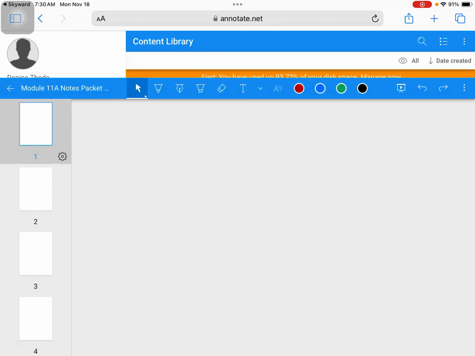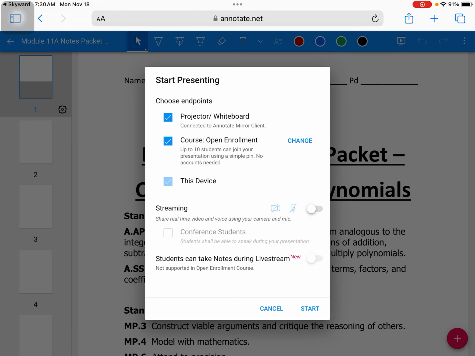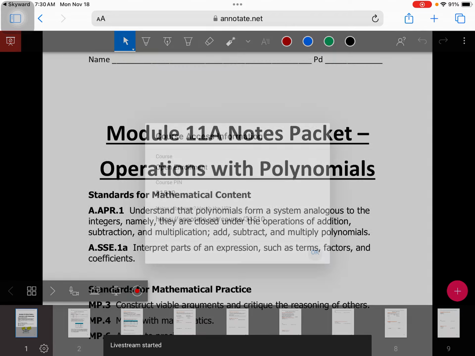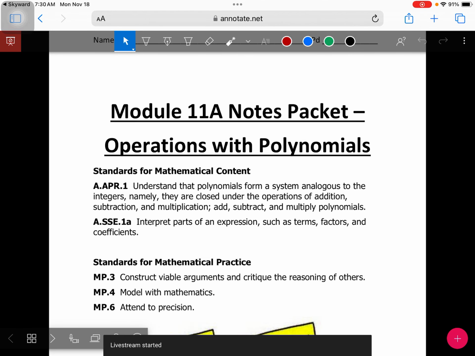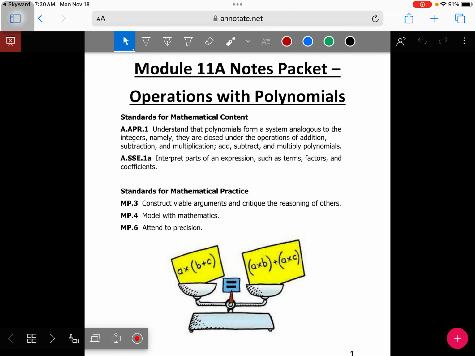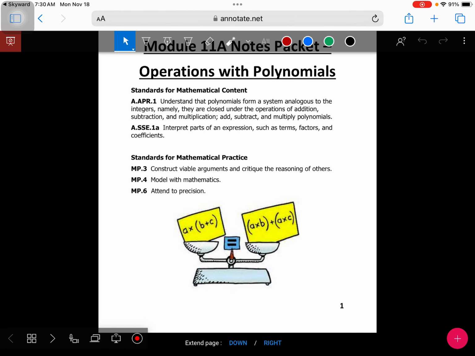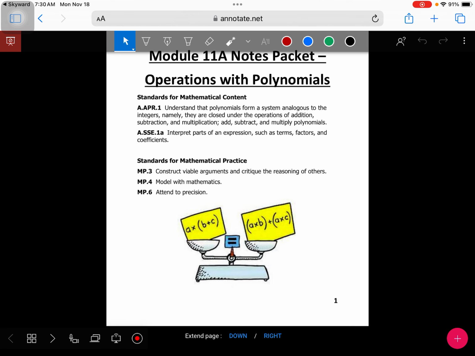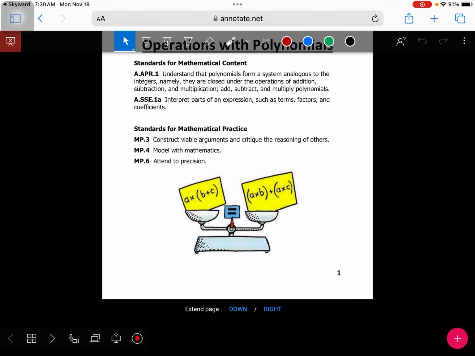And so we have split up this chapter on polynomials into 11A and 11B. 11A we're going to do here before the end of the semester. 11B will happen after the semester. Okay? So on the front, these are the standards that we're talking about and standards for mathematical practice.